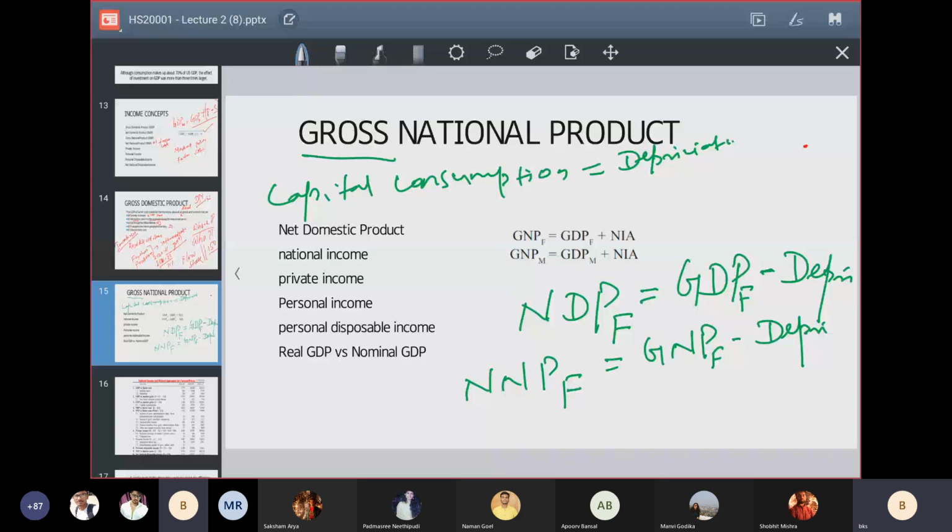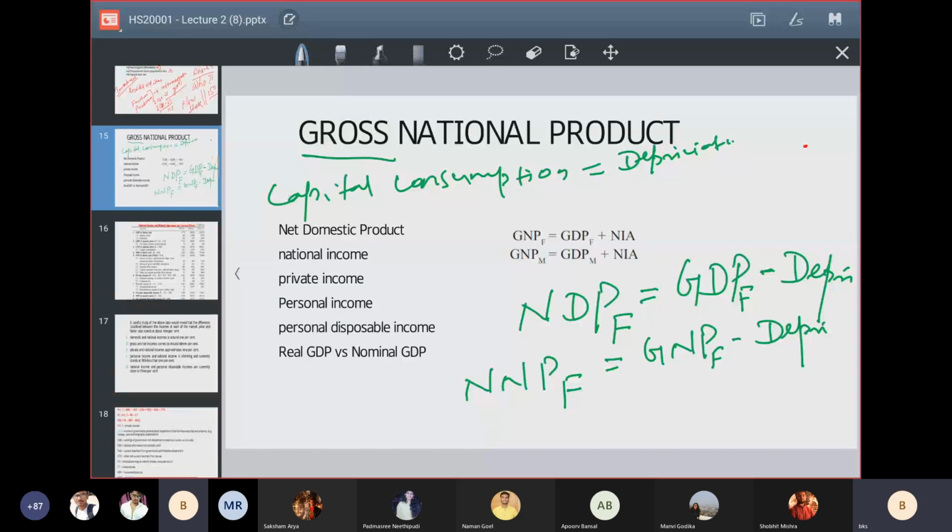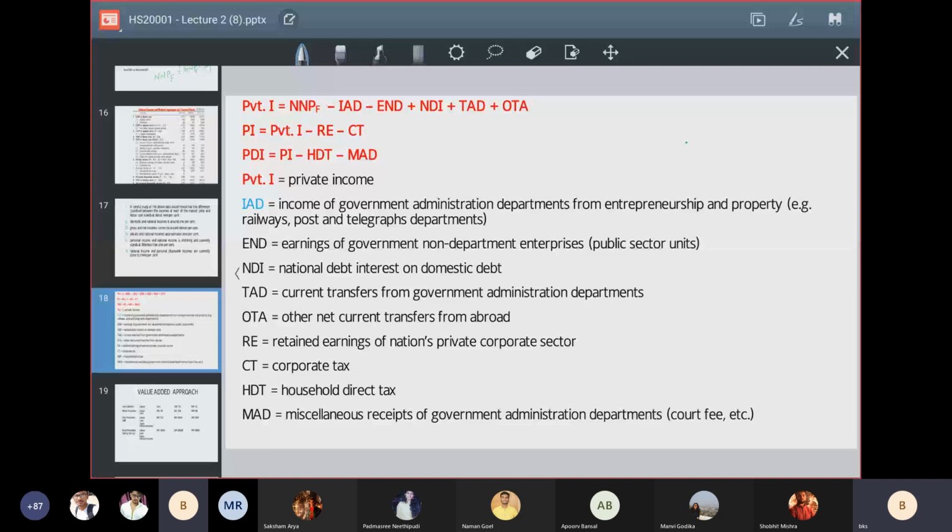Therefore, we can calculate our private sector or the private income, personal disposable income, and so forth. We can calculate this private income from your national income.